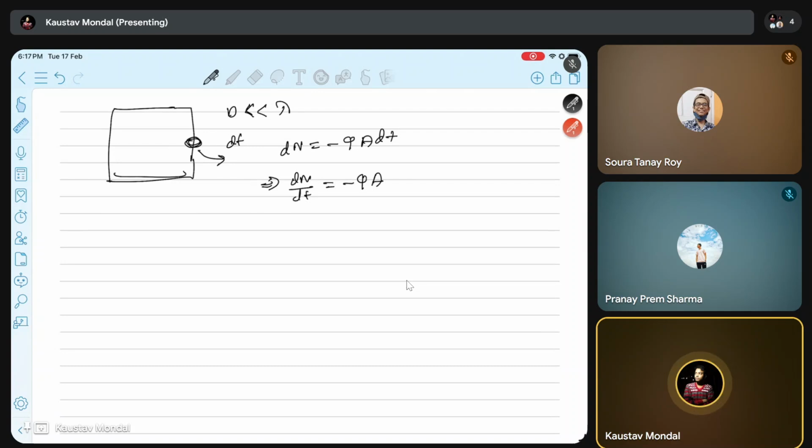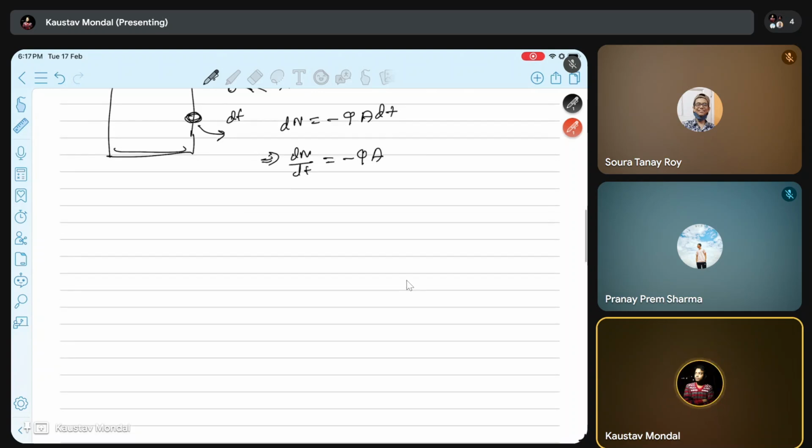Now you can write it in a different way. Last class there was a question, so you can write it in terms of m also. Let's suppose m is the mass of one molecule.